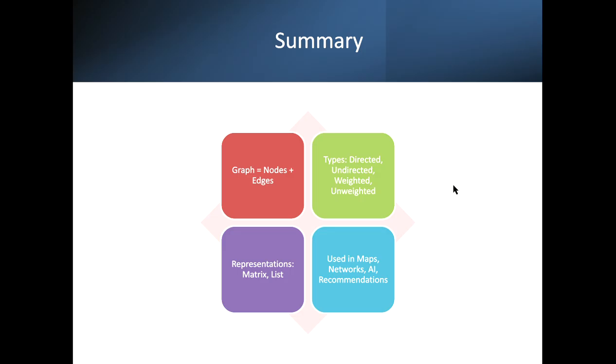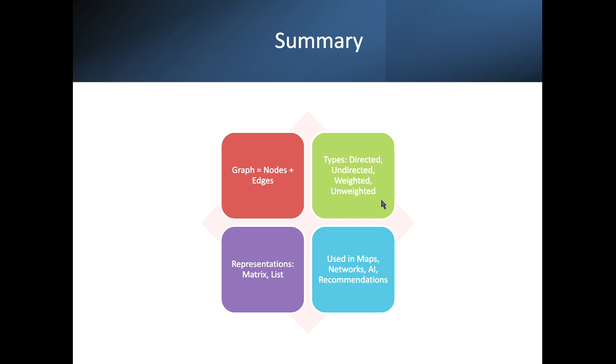So let's summarize. What is a graph? A graph is nothing but nodes and edges as connectivity to another node. And types are directed, undirected, weighted, unweighted.